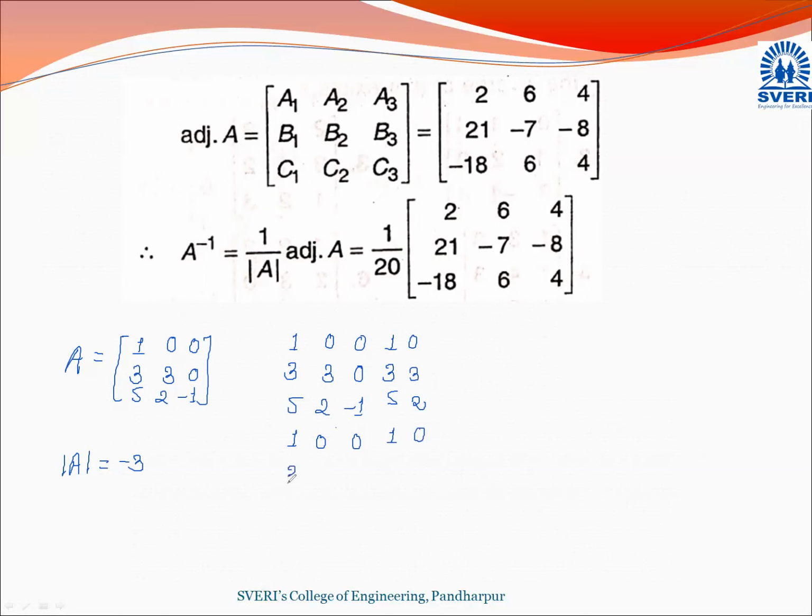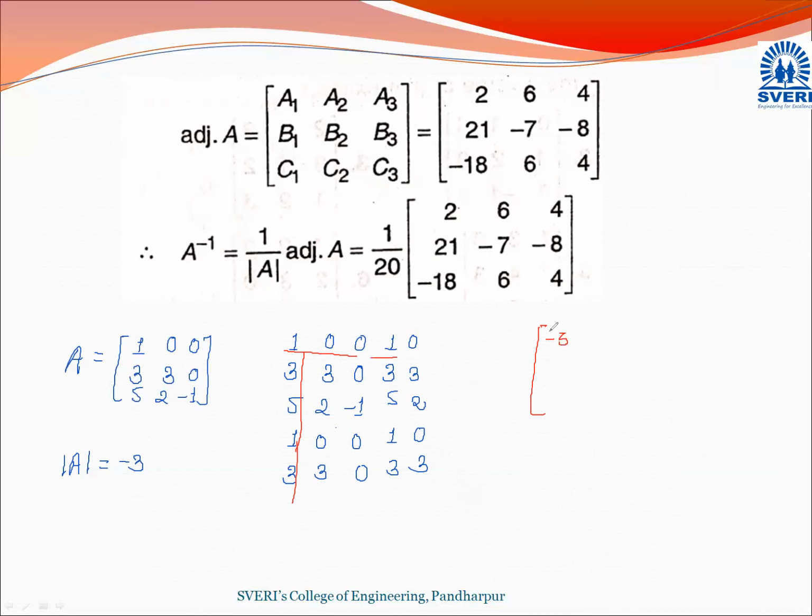Second 3, 3, 0, 3, 3. Just neglect this first row and first column. Look at that. And I am getting that matrix with elements. 3 into minus 1, minus 3, 2 into 0. So it is minus 3. That will be the first element.